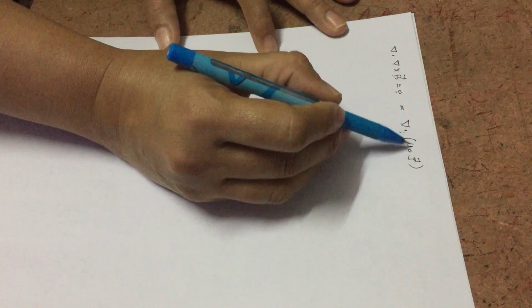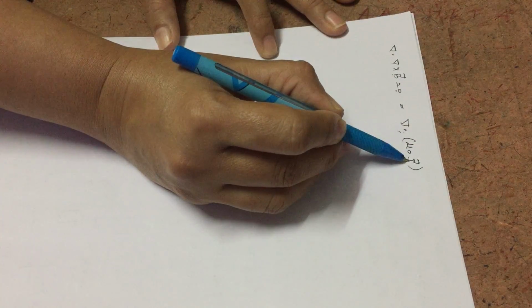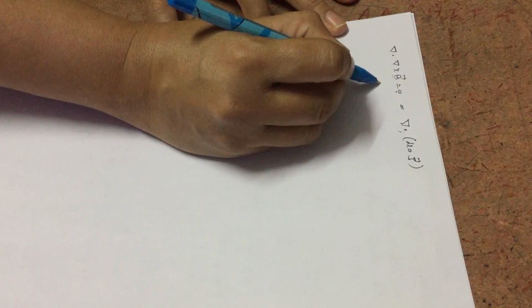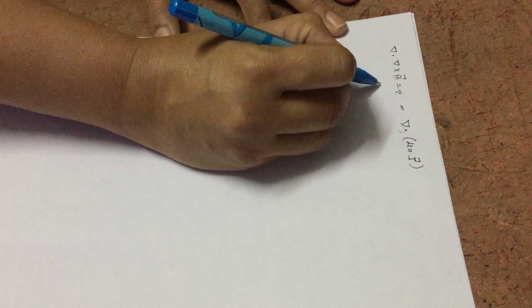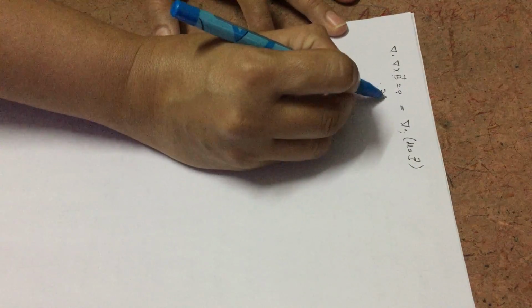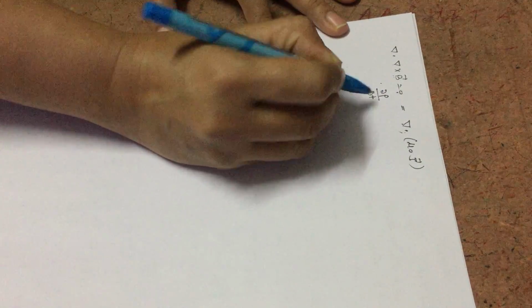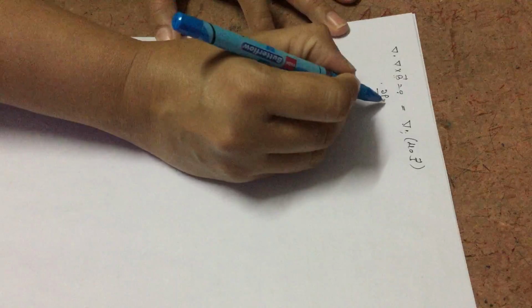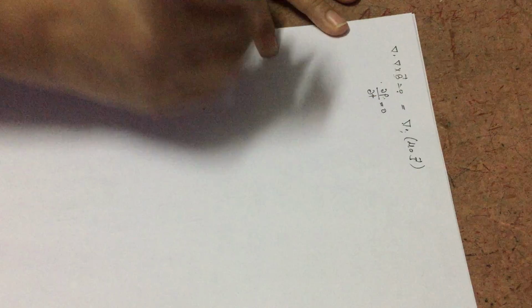If del dot mu naught J is equal to 0, then according to the continuity equation, we will have the change of charge density with respect to time equal to 0.